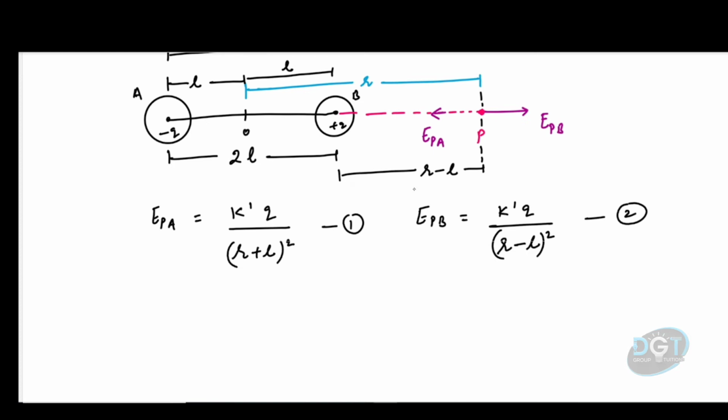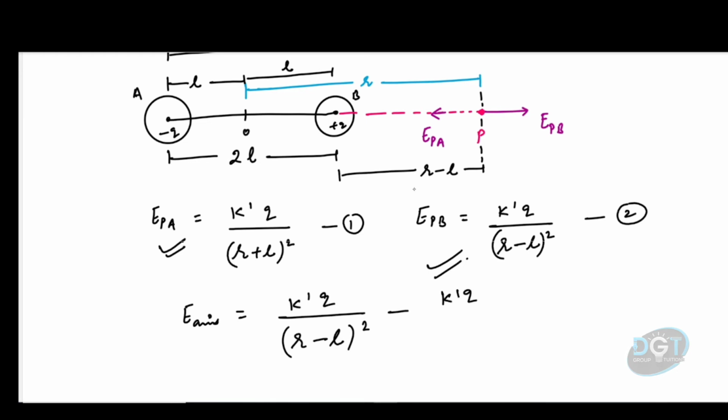Since B is closer, and the electric field is inversely proportional to the distance of the charge from the point where the field is to be found, the electric field at P due to B would be greater than that due to A. So the electric field at the axial point would be K dash Q upon r minus L whole square minus K dash Q upon r plus L whole square.